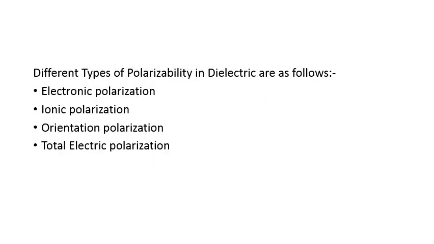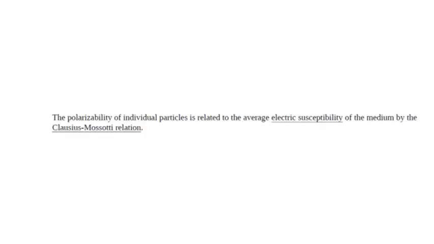We have different types of polarizability in dielectrics, and these are defined as electronic polarization, ionic polarization, and orientation polarization. And finally, we will discuss total electric polarization. There is a relation given by Clausius-Mossotti.